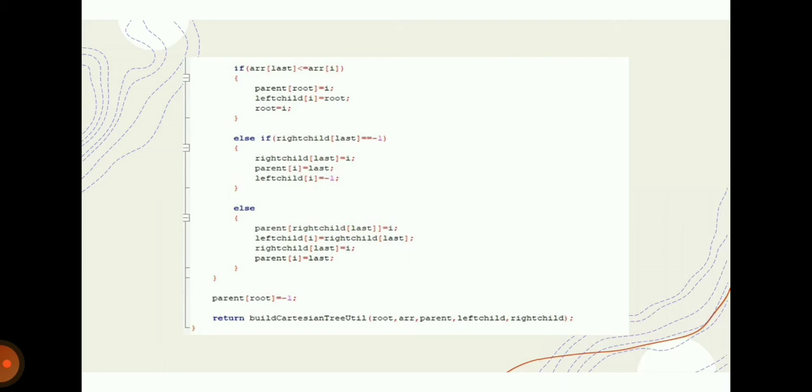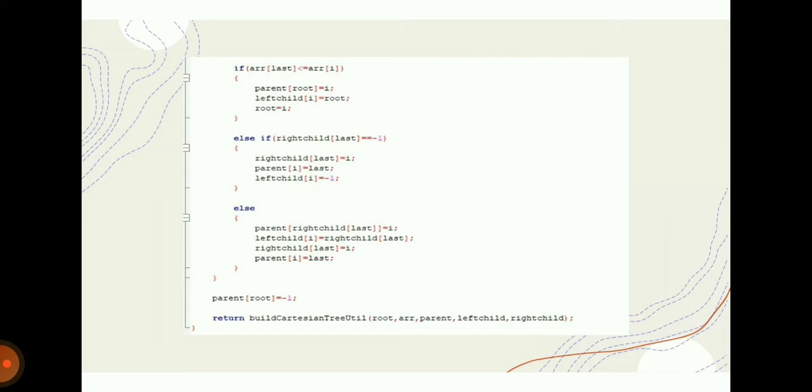In all other cases, parent of right child of last will be equal to i, and left child of i will be equal to right child of last, and right child of last is equal to i, and parent of i is equal to last, and finally parent of root will be equal to -1.